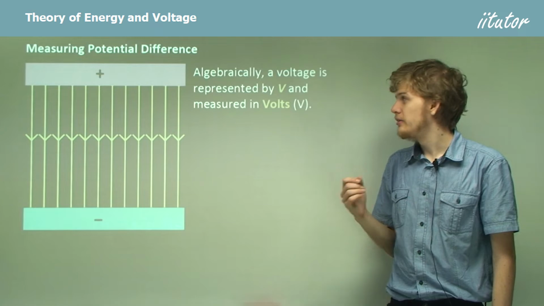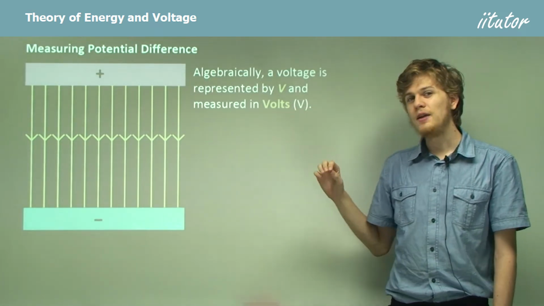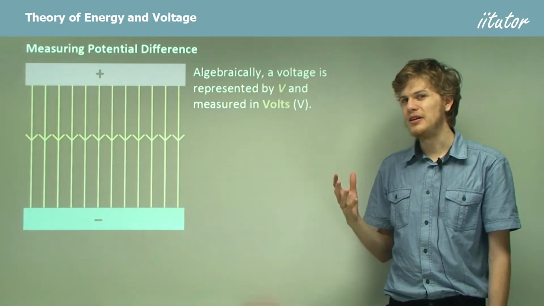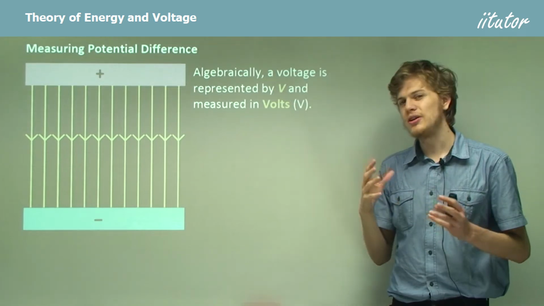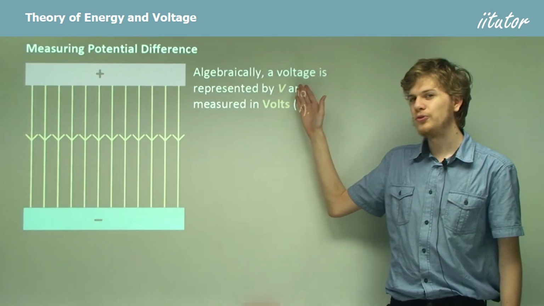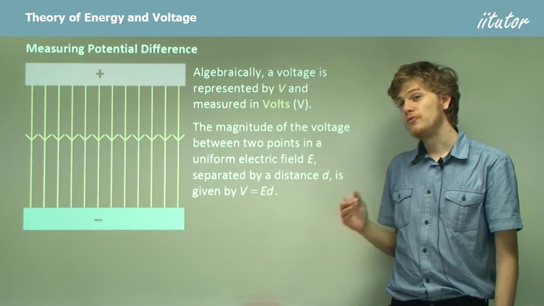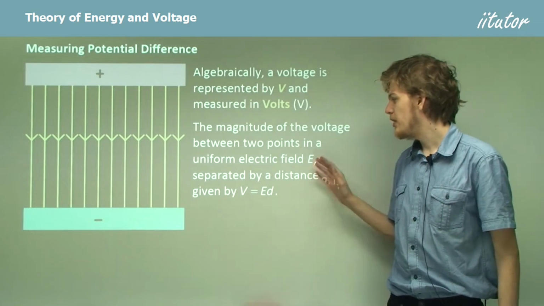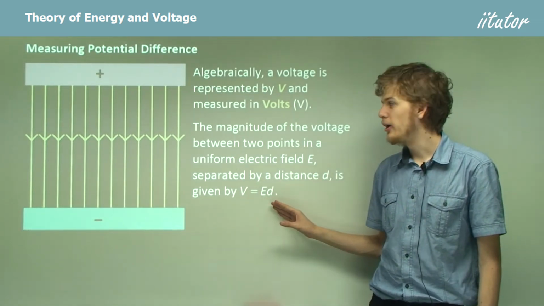Now, algebraically, we represent a voltage with an italic V and measure it in volts, which is an upright V. They're both capital V's, so we have to be careful to distinguish between a number of volts and the unit of volts. The magnitude of the voltage between 2 different points in a uniform electric field E is going to be V equals ED, right?